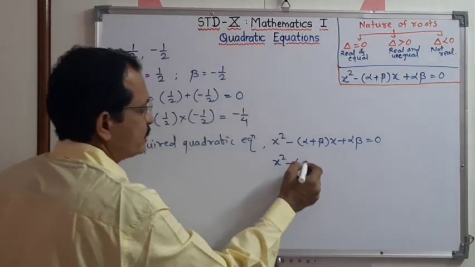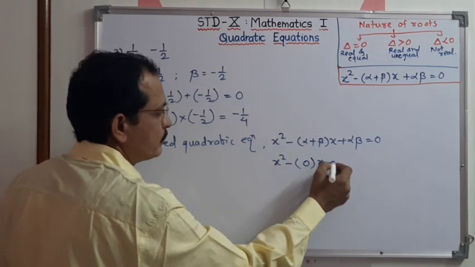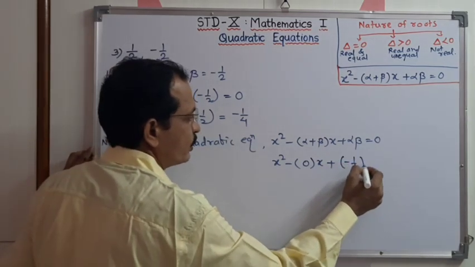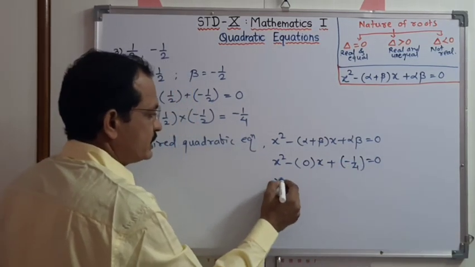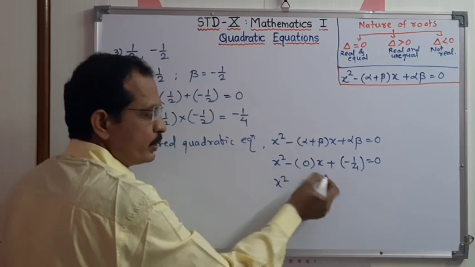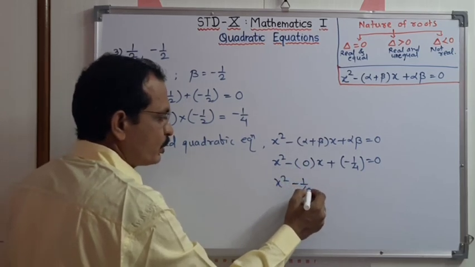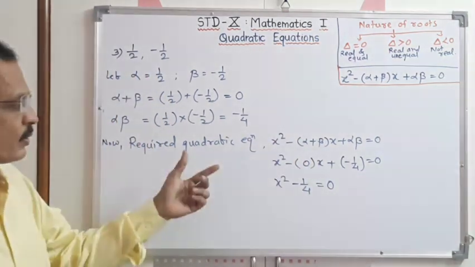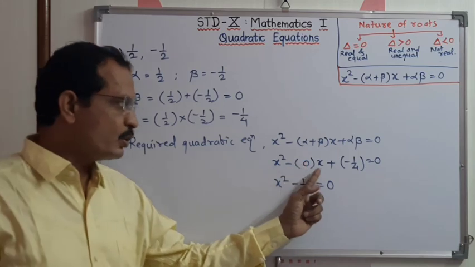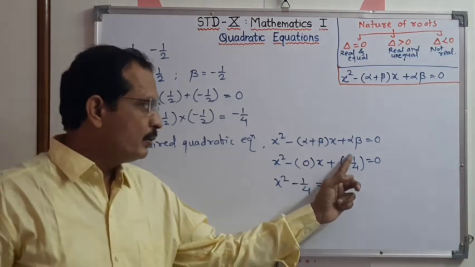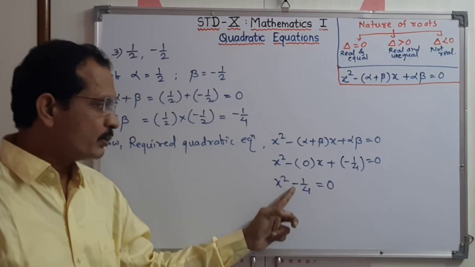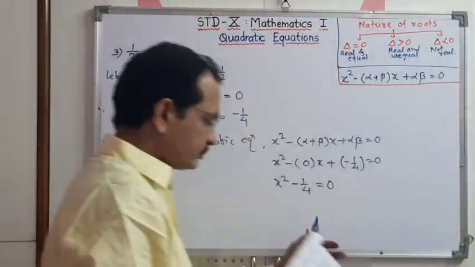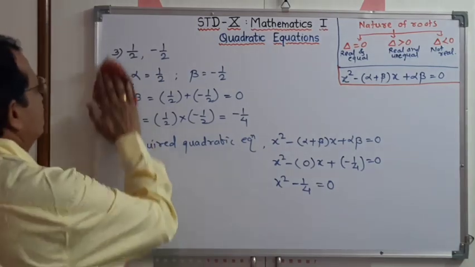Alpha plus beta, it is 0 into x plus product alpha into beta is minus 1 upon 4 equal to 0. Therefore it is x square, 0 into x, it is 0, minus 1 upon 4 equal to 0. This is the required quadratic equation. Remember the 0 into x, it is 0 and product is minus 1 upon 4, therefore we write here minus 1 upon 4.